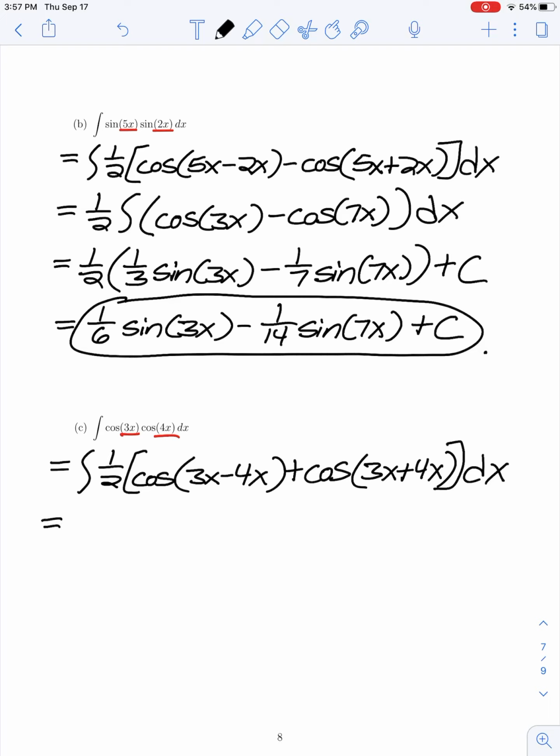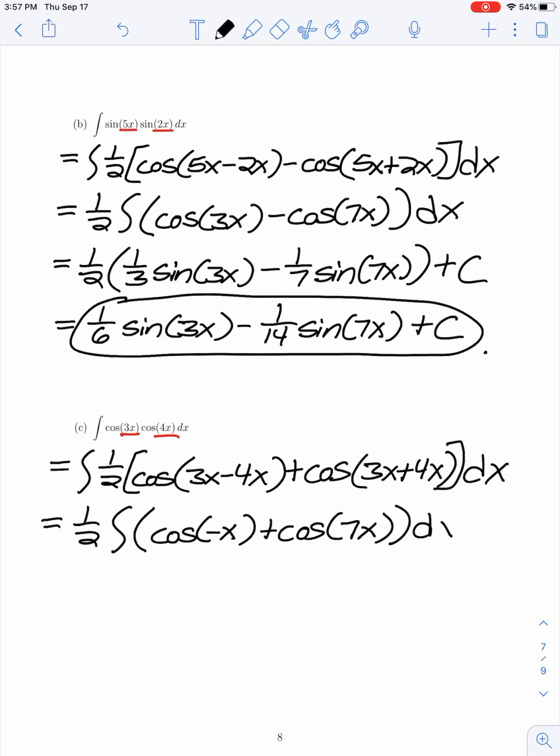Factoring out the constant 1/2 in front of the integral, we have half the integral of cosine of negative x plus cosine of 7x dx.